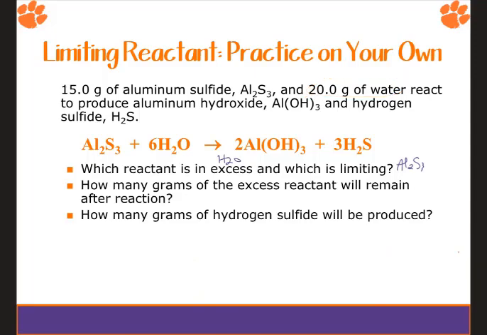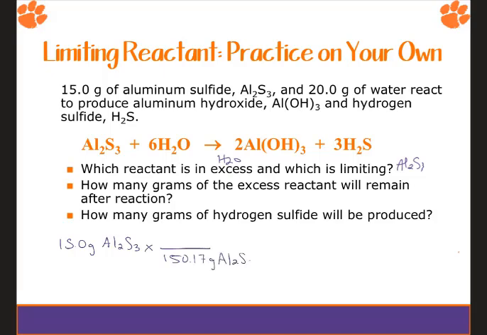The final question asks how many grams of hydrogen sulfide will be produced. So this again is just a straightforward stoichiometry calculation. You just have to start with your limiting reactant, which again is that 15 grams of Al2S3. Again, converting it to moles.